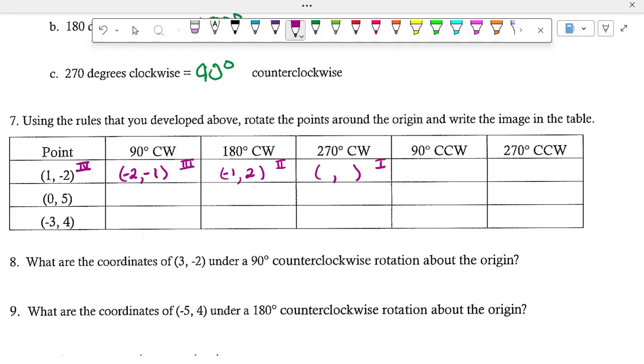Positive, positive. So if I start with my original, I'm in quadrant 4. We're at xy. 1 quadrant, yx. 2 quadrants, xy. Another quadrant would be yx. So I'm at 1, 2. So I've got to flip it back to 2, 1.